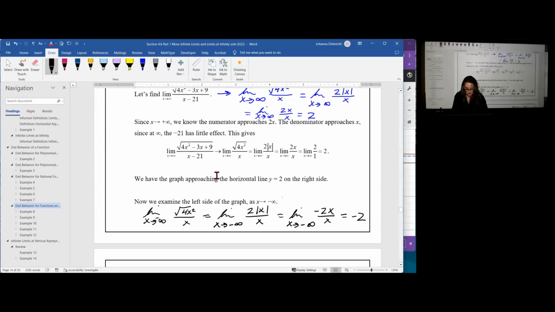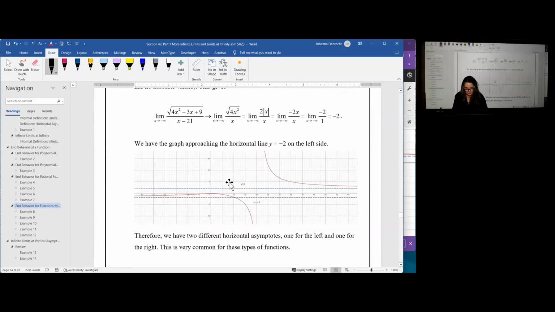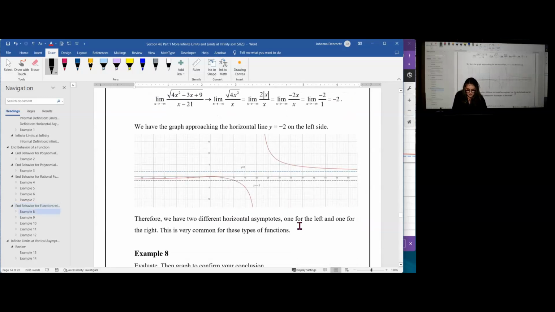Let's now look at the graph and see if our suspicions were correct. You can see here on the right that the graph is coming down in red and approaching the horizontal asymptote y equal 2 from above. On the left side, it comes up from negative infinity. It has a vertical asymptote at whatever that is out there.